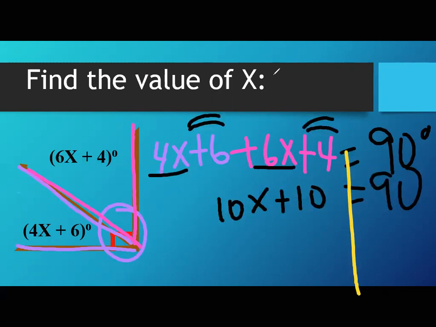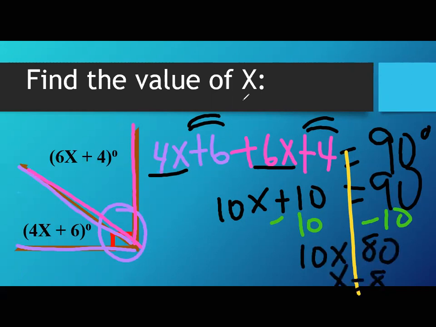This is a two-step equation, and we are going to get rid of the number with no letter first. So minus 10, which is the inverse of plus, and I end up with 10x equals 80, and of course x is equal to 8. Actually, I'm going to do the right thing.